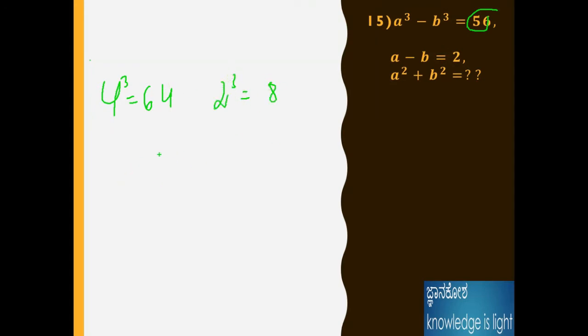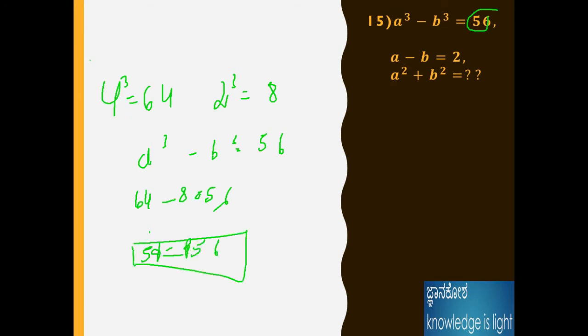If I apply this logic, a cube minus b cube is equal to 56. Then 64 minus 8 is equal to 56. Then RHS is equal to LHS, 56 is equal to 56, so the proof is correct. We need to apply a is equal to 4 and b is equal to 2.